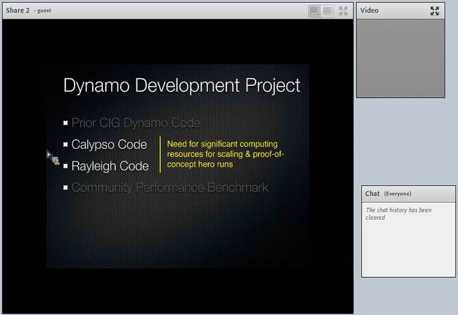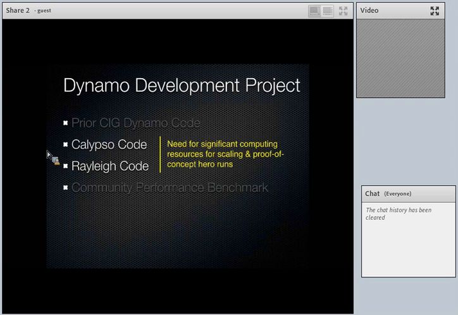And of course, these experiments aren't cheap. So we really need significant computing resources, even to show how well these codes scale, and I think also to do proof of concept hero runs. For instance, none of our preliminary test cases match up to what Andrei Shako's done running for a year and a half on the Swiss national machine.